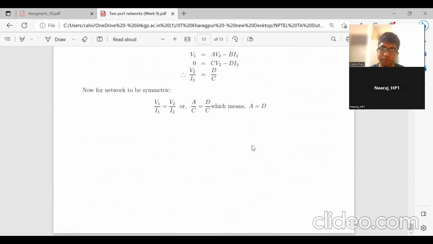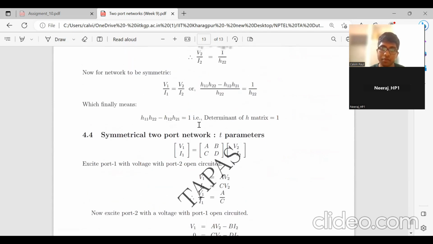Similarly, for the H parameters, it is found that H11 into H22 minus H12 into H21 should be equal to 1. That means the determinant of the H parameters matrix should be equal to 1.